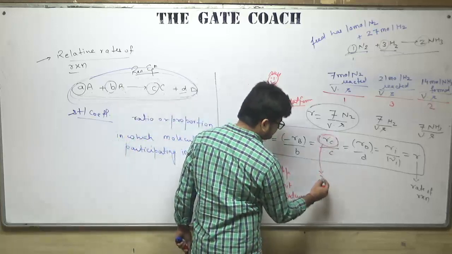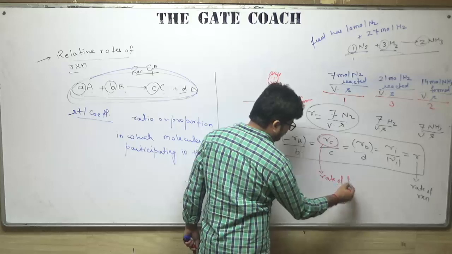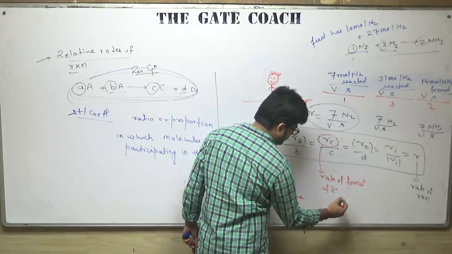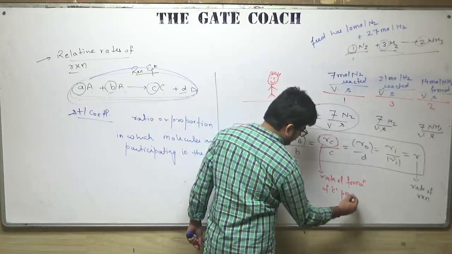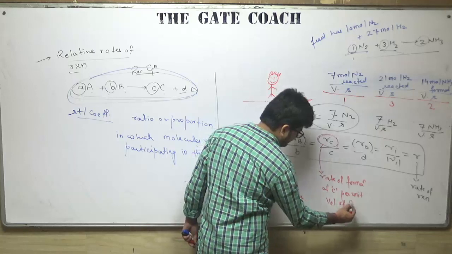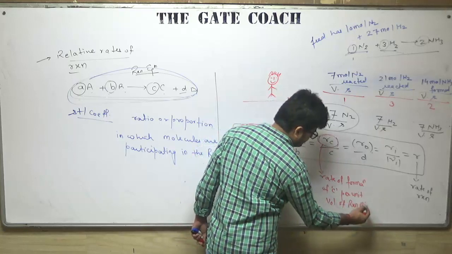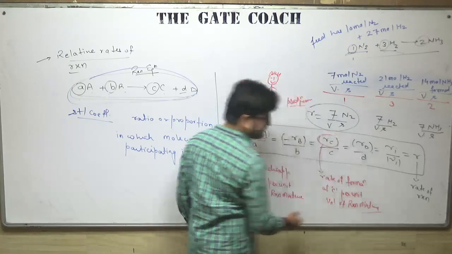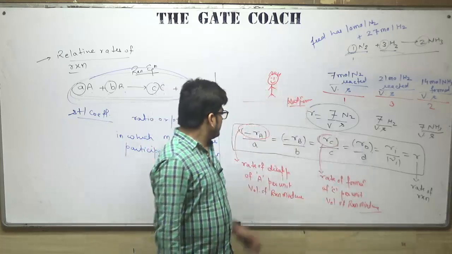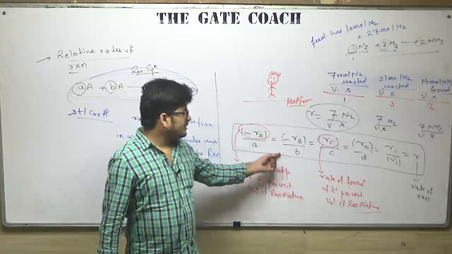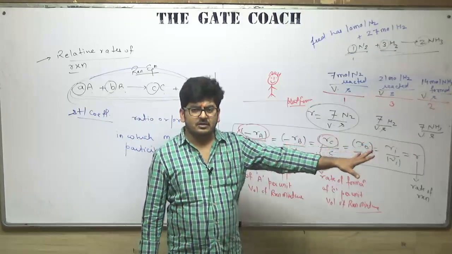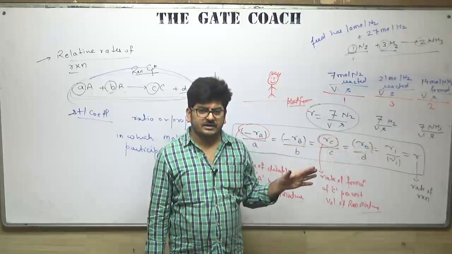Rc will be the rate of formation of C per unit volume of reaction mixture. So minus Ra over a, minus Rb over b, Rc over c, Rd over d is basically the rate of reaction. Only minus Ra is not the rate of reaction.